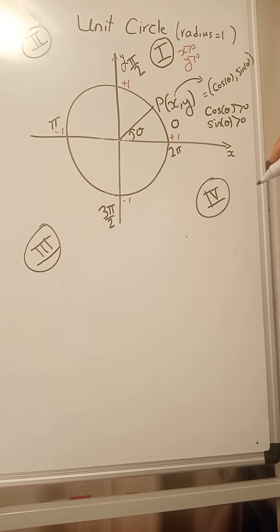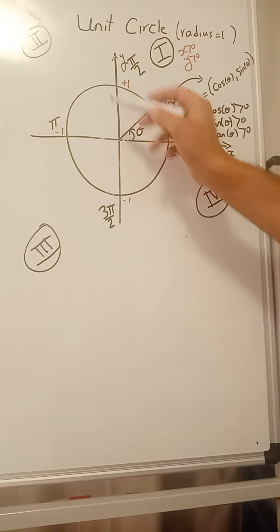Now you know that tan of theta is sine over cosine, so tan of theta will be sine over cosine, which is positive over positive, that means positive. So in the first quadrant, all of them are positive, cosine, sine, and tan.